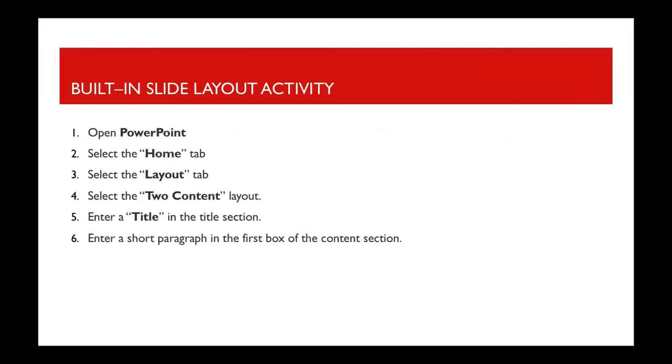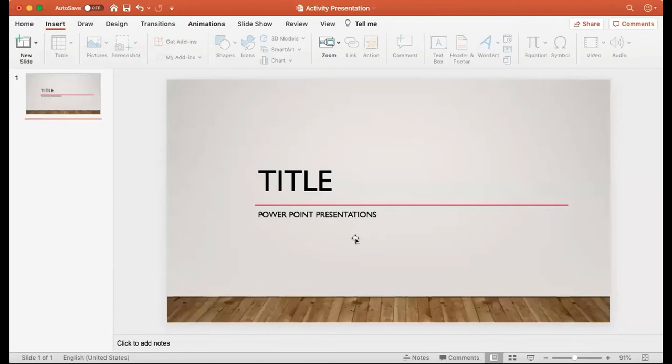So the next thing we're going to do is a slide layout activity. If you have your PowerPoint presentation open right now, we're going to walk through a very basic activity of adding content to a slide using the slide layout. So the first place we're going to go to is the new slide up in the upper left corner.